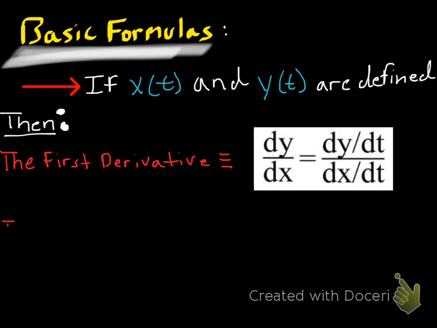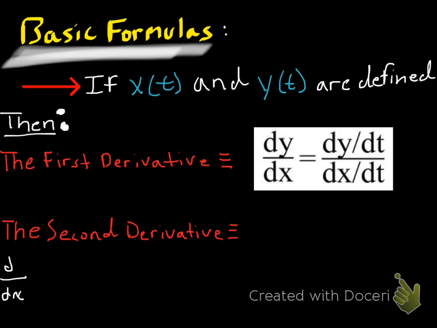Now let's take a look at the second derivative, which is much more complicated. The second derivative, as we remember from the beginning of the year, is simply the derivative of the first derivative itself.